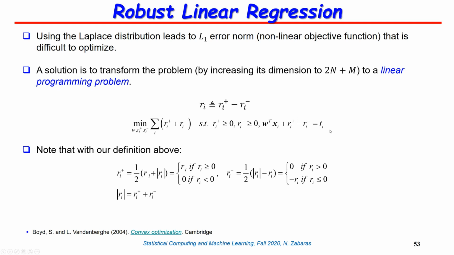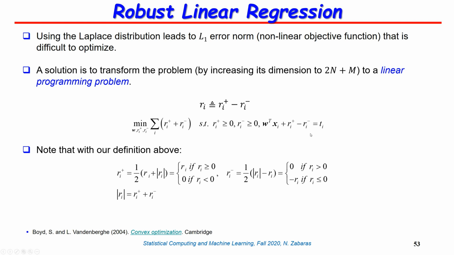Okay, so you can think, if you evaluate the regression function W transpose Xi at Xi, this is away from the target Ti, but if you move, let's say, above by some distance, then it becomes equal to Ti.